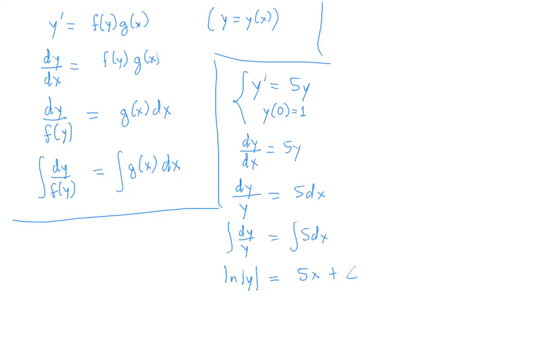The first thing I do, because I want to do this in every detail right now, is raise e to that power. So e to the 5x plus c, and this becomes absolute value of y is equal to e to the c times e to the 5x. Do we all agree so far?